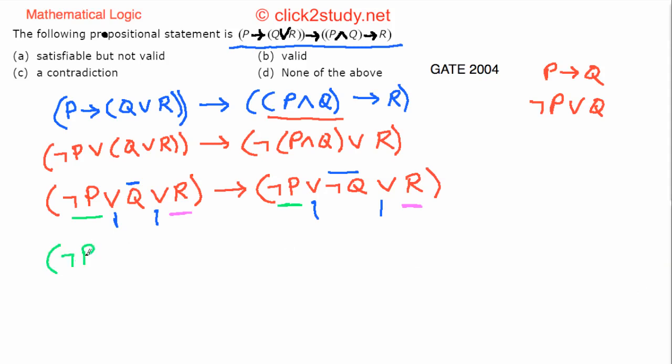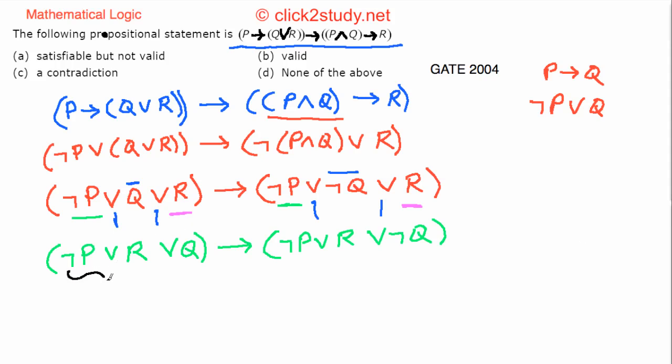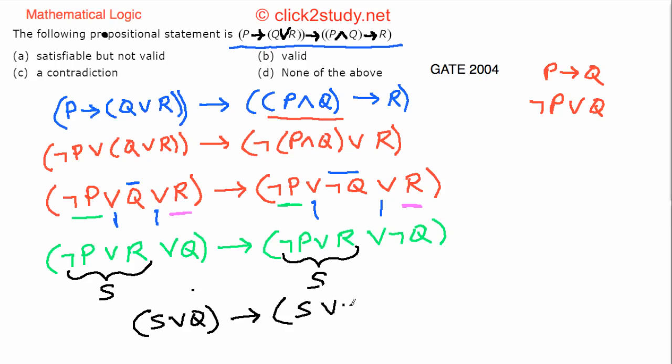So this becomes not P or R or Q, which implies not P or R or not Q. Now this whole thing is present in both of these, so instead of it I'm going to write S. This gives me S or Q, because I've replaced this thing with S, implies S or not Q.